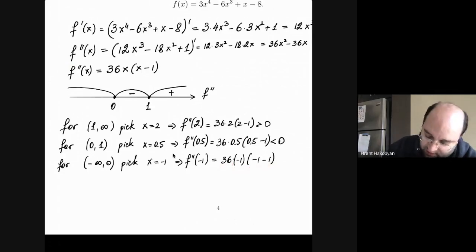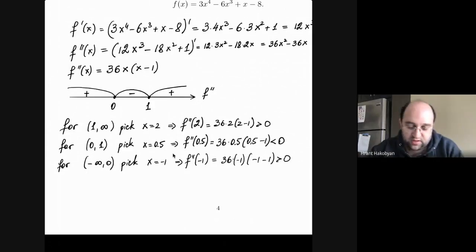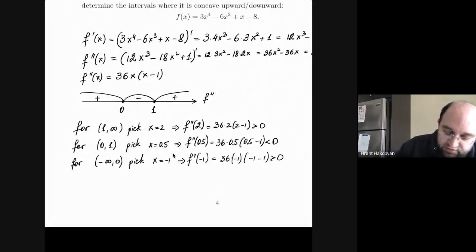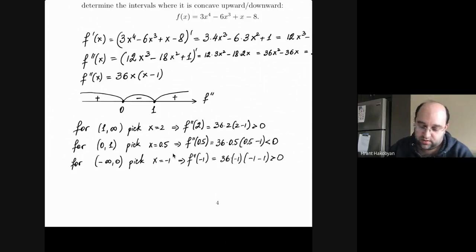So I have a negative number times a negative number, since this is negative 2, so I get a positive number. So this is greater than 0. That means the second derivative is positive in the interval negative infinity to 0 and 1 to infinity, and the second derivative is negative in the interval 0, 1.